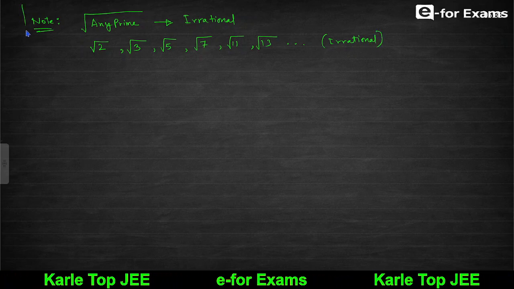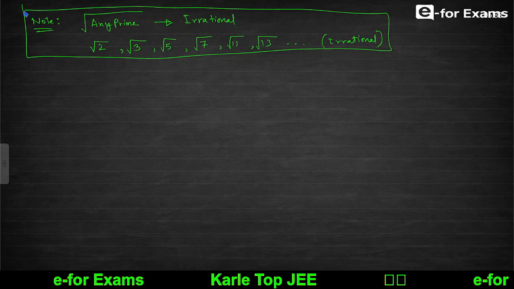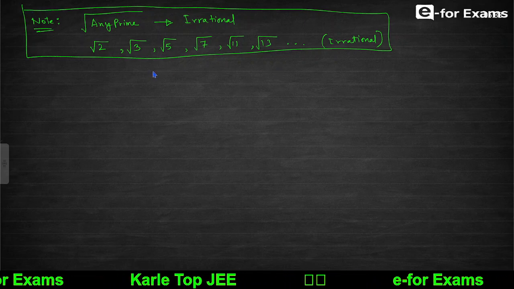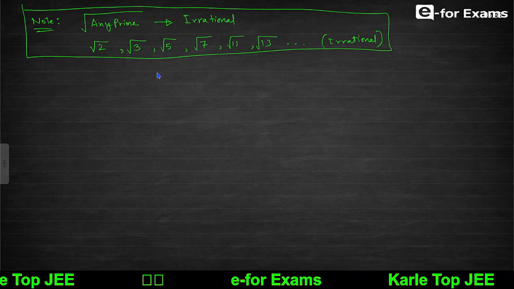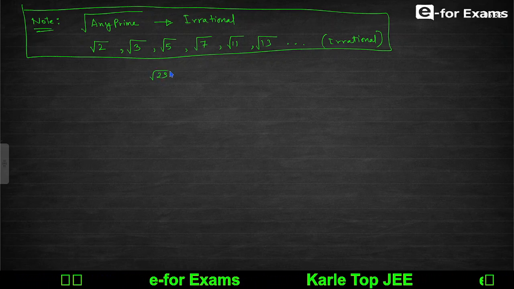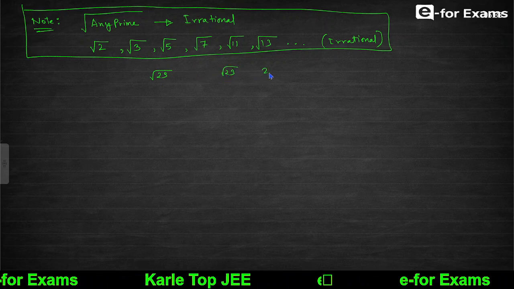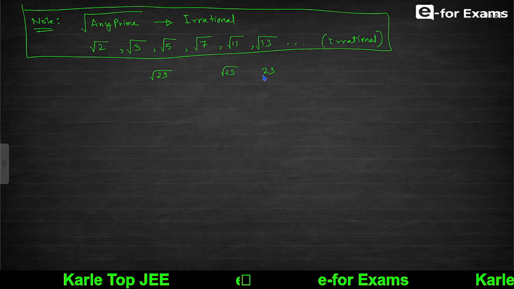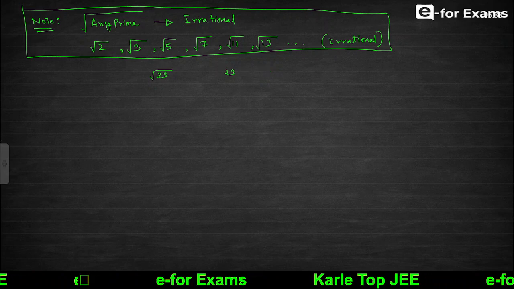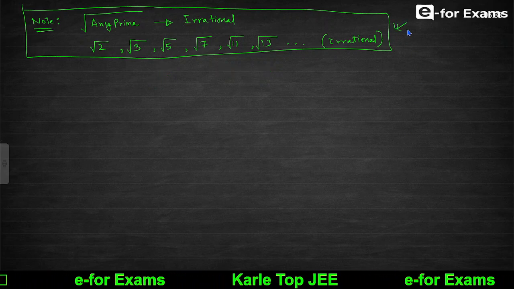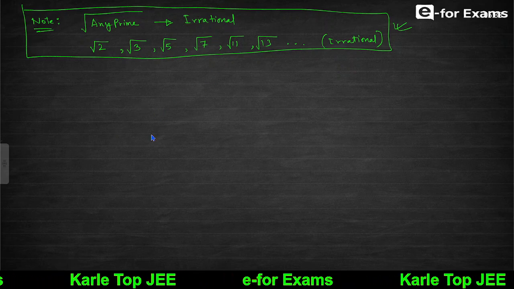If anyone asks you for an irrational number greater than 22 and less than 30, you can say root 23, right? Just remember this statement: root over any prime is an irrational number.